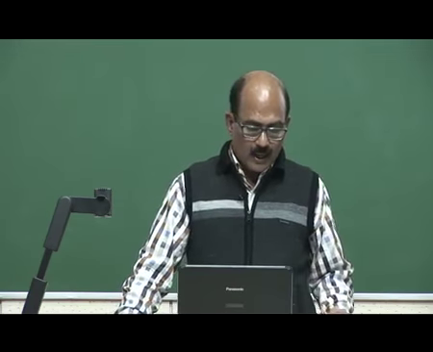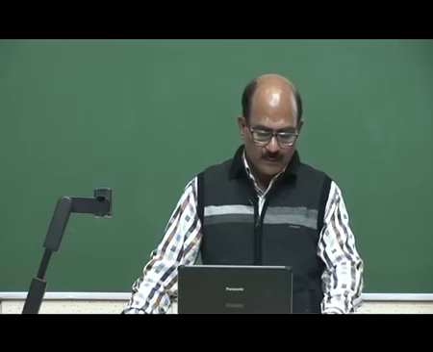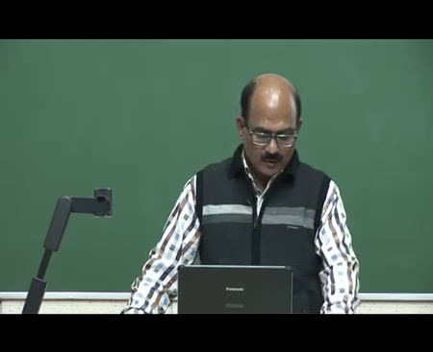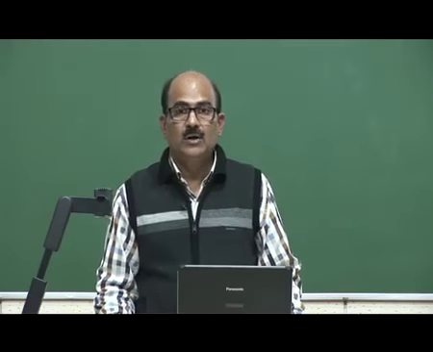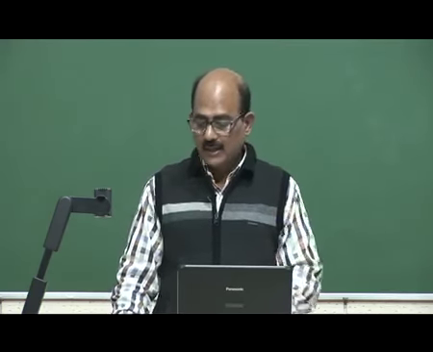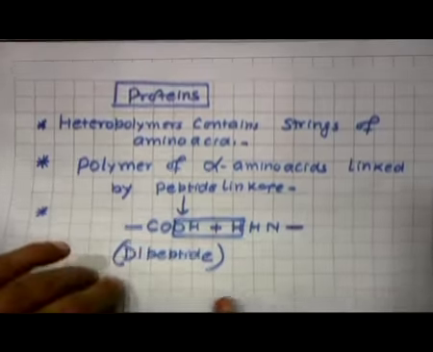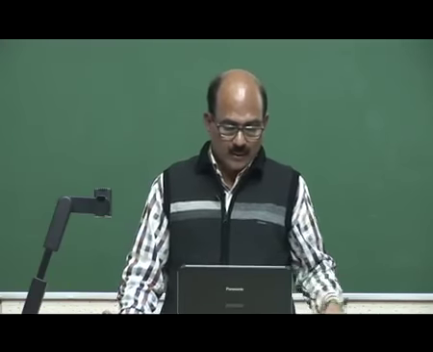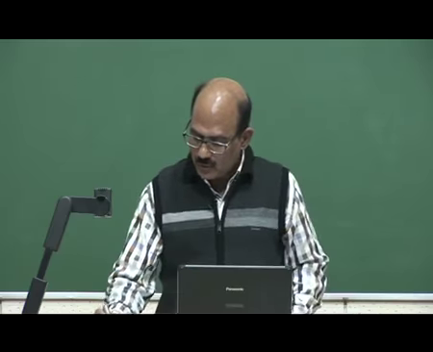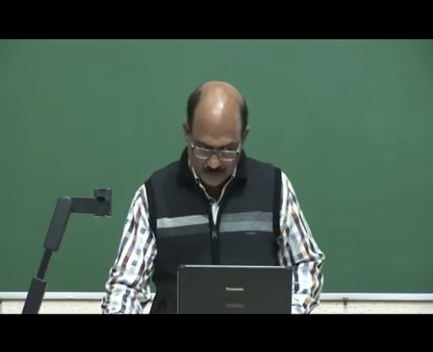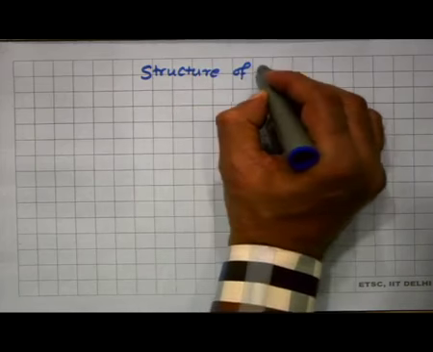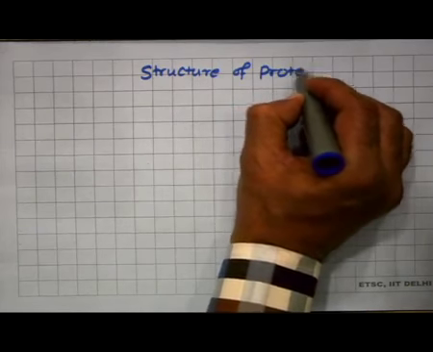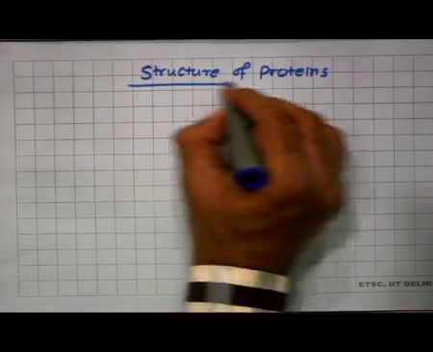Now, after the formation of different types of amino acids linked with peptide bonds, different types of proteins are formed on the basis of their structure. That is called the structure of proteins.